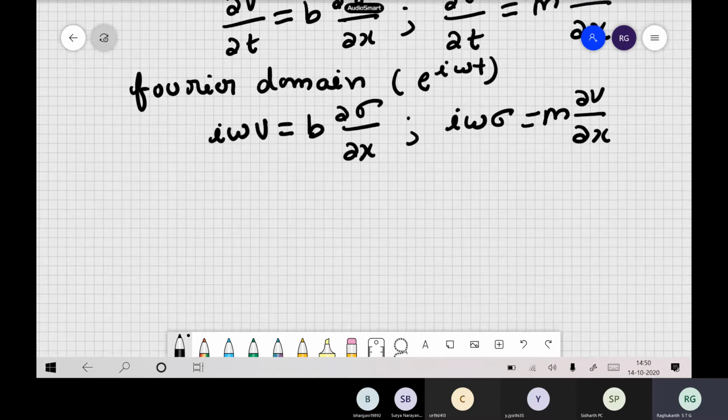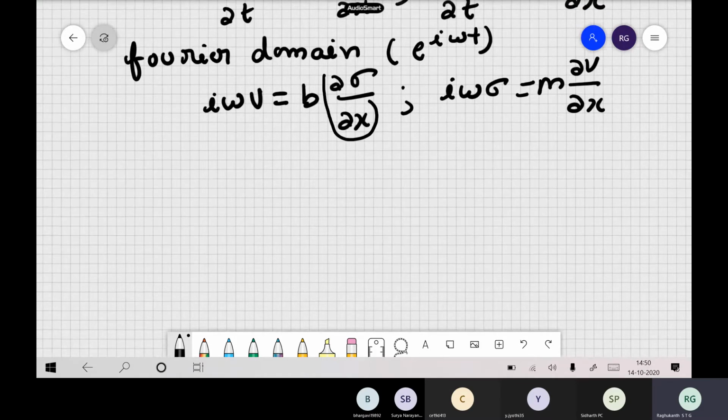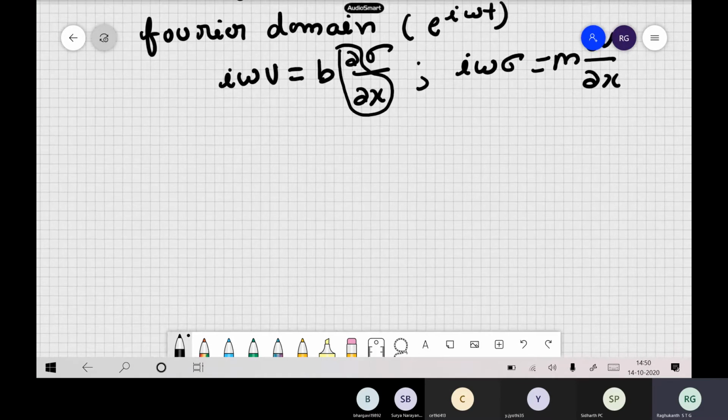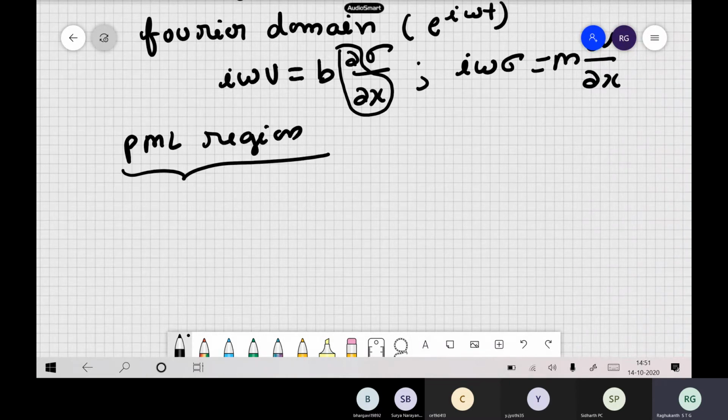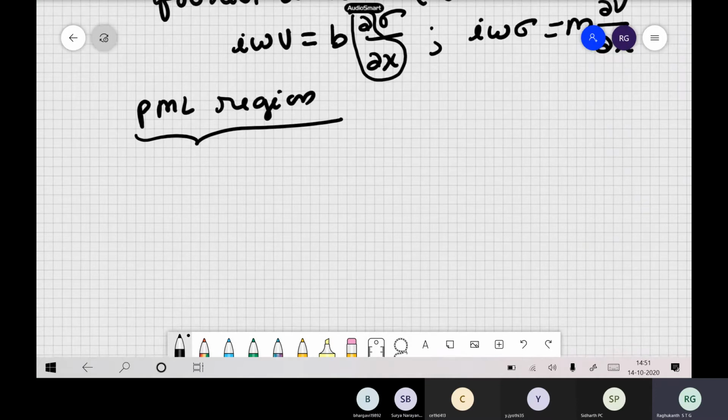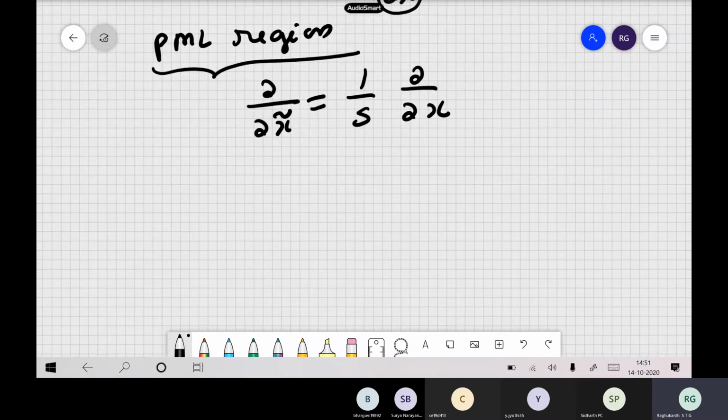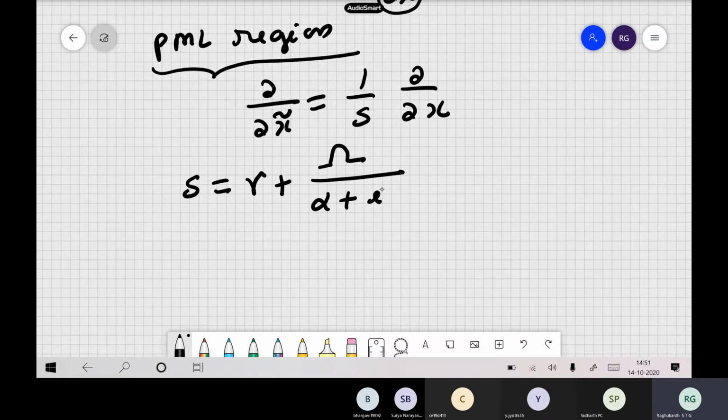Now this operator dou by dou x is there. In the perfectly matched layer, in the PML region, we replace this operator with respect to another new variable. Instead of x, we write it in terms of the expression 1 by s into dou by dou x, where s is gamma plus alpha plus i omega. So we replace x with x hat.